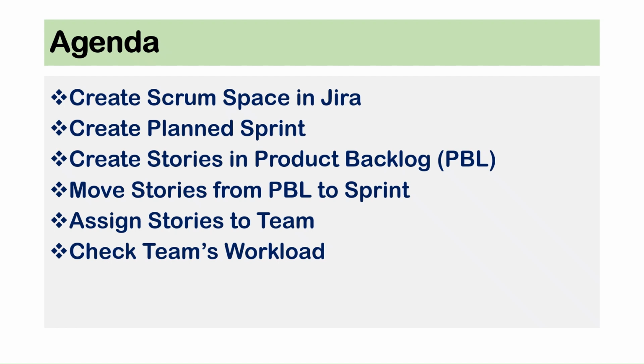How do we know what the team's workload is for that particular sprint, which is planned and yet to be started, so that the team can ensure that their workload is within their capacity, it's doable, and they are not overcommitted. So this is going to be the agenda for this particular video.